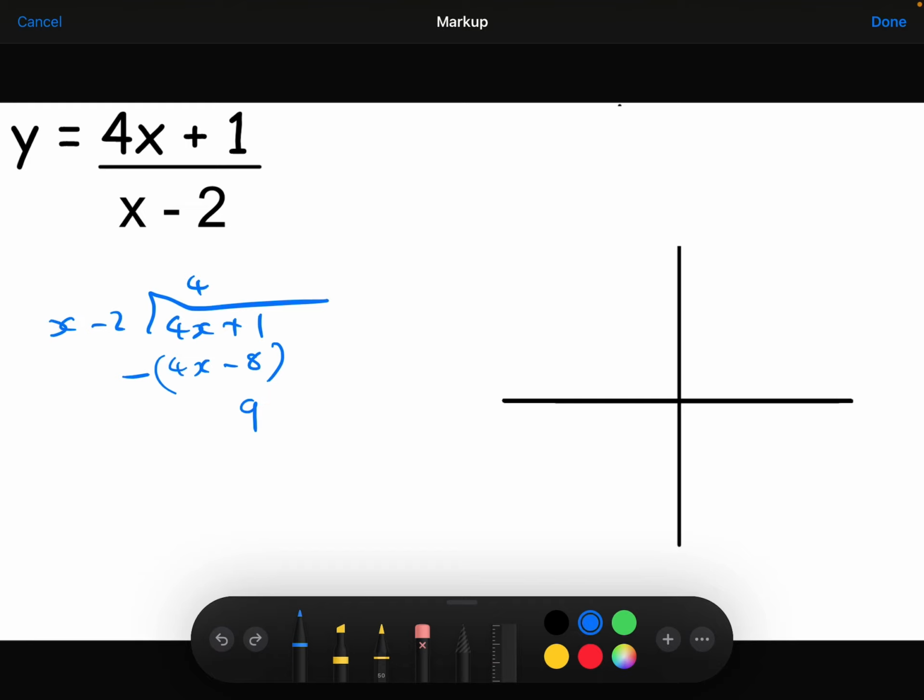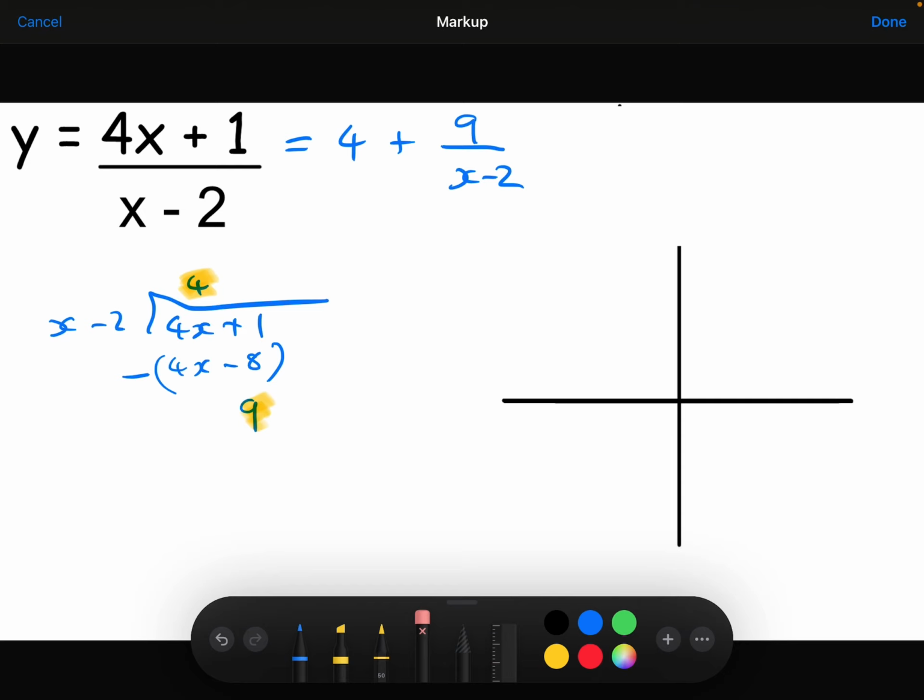So when we do this division, it goes in 4 times as the whole part, and then the remainder is 9. So I can rewrite the 4x plus 1 over x minus 2 as 4 plus 9 over x minus 2.